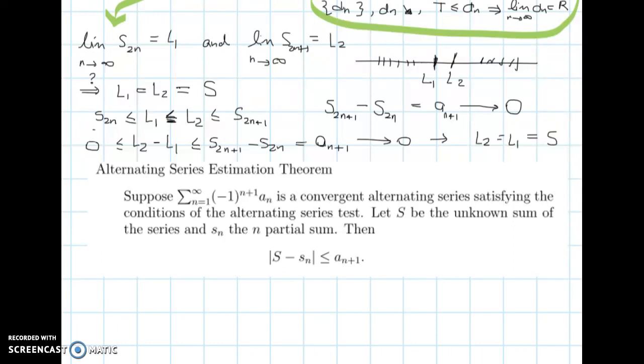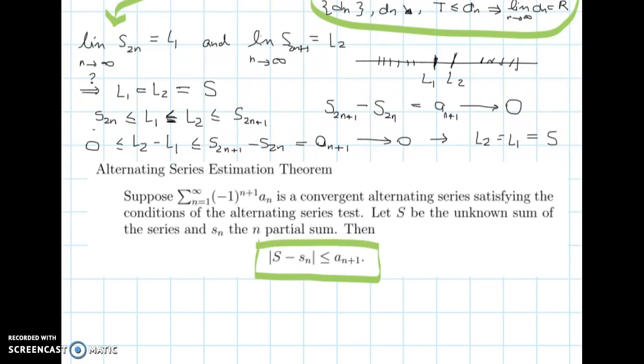So I kept over here our inequalities from before, and let's see how we use them to obtain the result we have over here, that in absolute value, the difference between the sum we are trying to find and the nth partial sum is less or equal than the next term of the sequence.